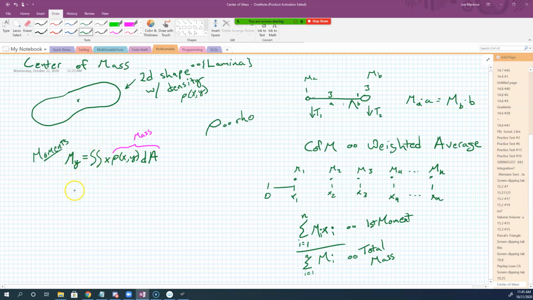So then the center of mass in the x direction should be the x average. So the total moment is the double integral of x rho of x and y d area. And then what do I need to divide by to get the weighted average?